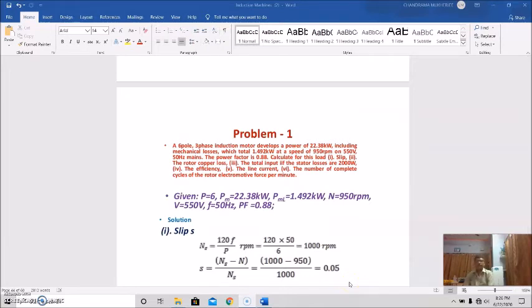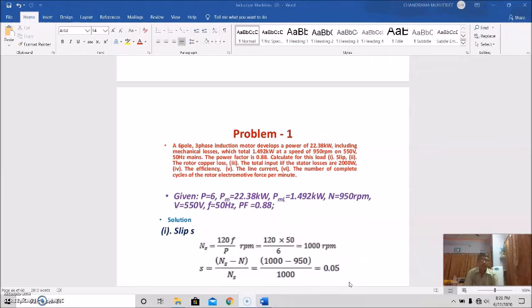Let us take a problem. A 6-pole 3-phase induction motor develops a power of 22.8 kilowatt, including mechanical losses which total 1.492 kilowatt, at a speed of 950 rpm on 550 volt 50 hertz mains.